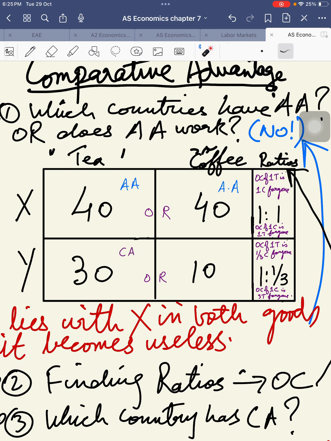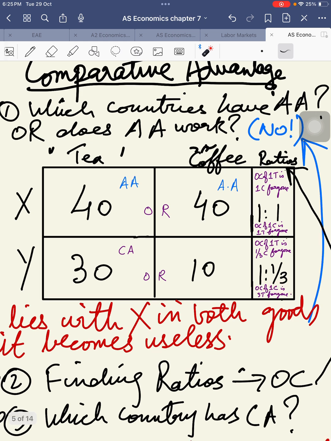Country Y has a comparative advantage in the production of tea because its opportunity cost of producing tea is less compared to the opportunity cost of producing tea in country X. This is what I've written here.